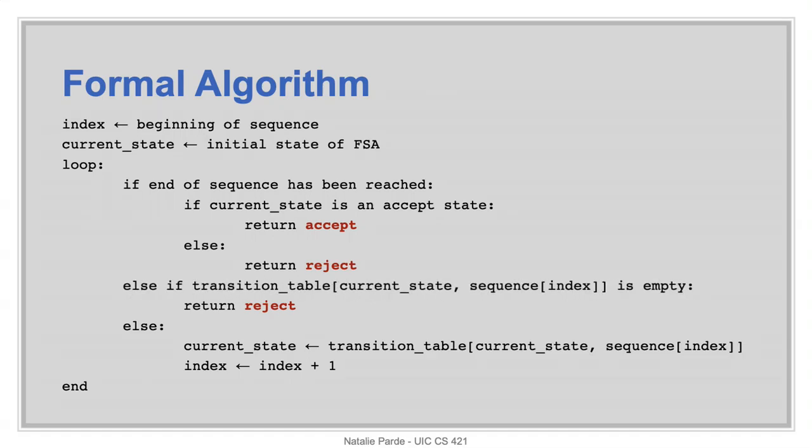If we're not at the end of the sequence, but there are no possible transitions given the state and sequence element we're currently at, we can reject the sequence. Otherwise, we can update the current state to be whatever state is output by our transition table, given the present information. Then we increment our sequence index and go back to the beginning of the loop.